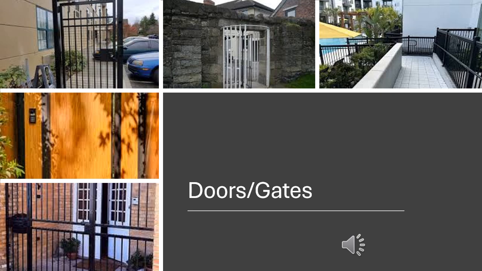Now we're talking about doors and gates. When you make a recommendation for a door and a gate, you always have to consider all the safety concerns. What's the business purpose of that property?